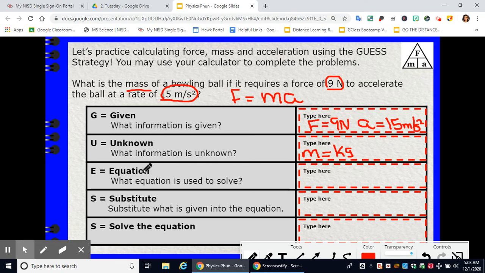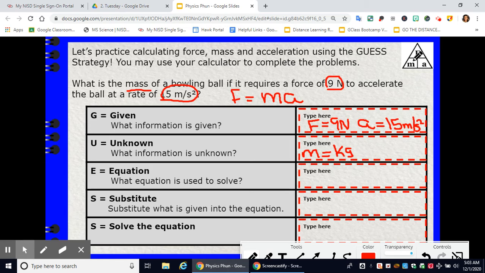So what would be my equation that I use to solve for mass? Well, first we're going to use Newton's second law of motion equation. That's net force equals mass times acceleration. Now, of course, this is the formula for net force. We want to know what the mass of the bowling ball is, so we need a formula for mass. If you make your formula triangle, multiplication always goes across and division is up and down.